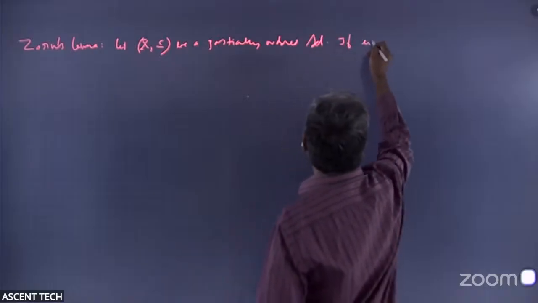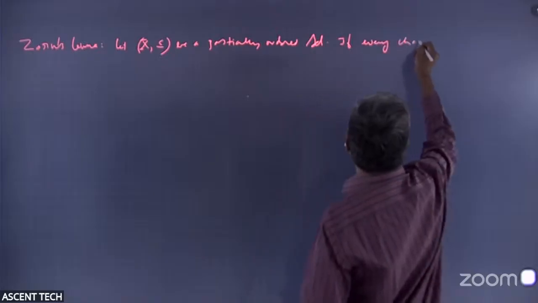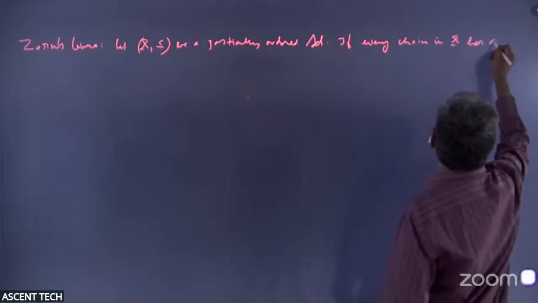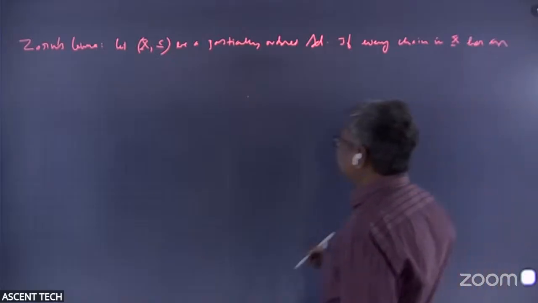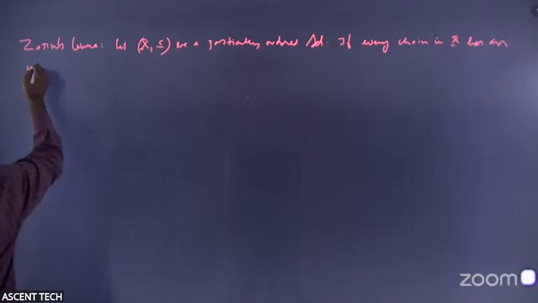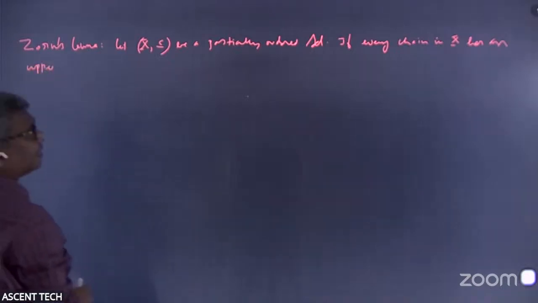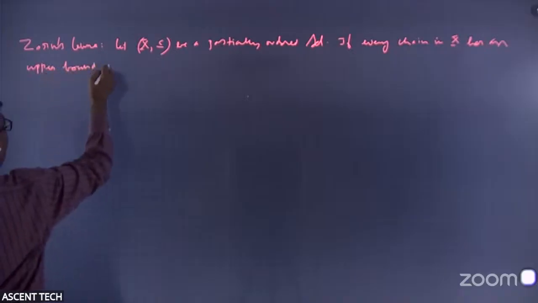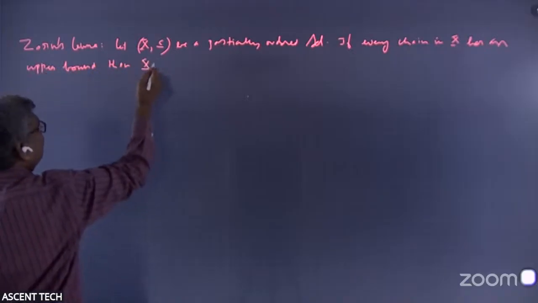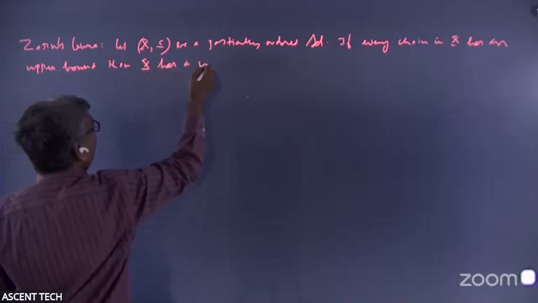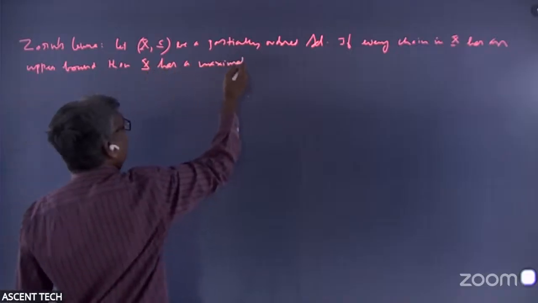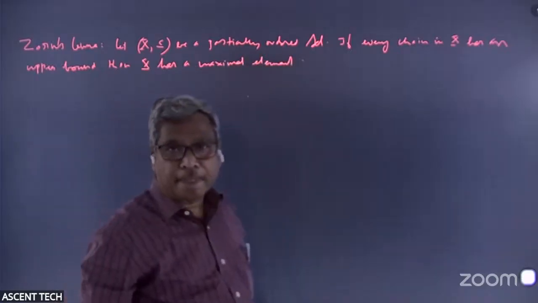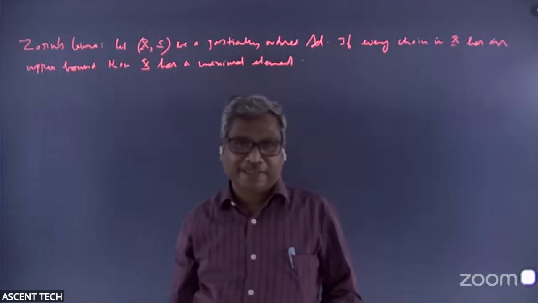If every chain in X has an upper bound, then X has a maximal element. This is what Zorn's lemma is.